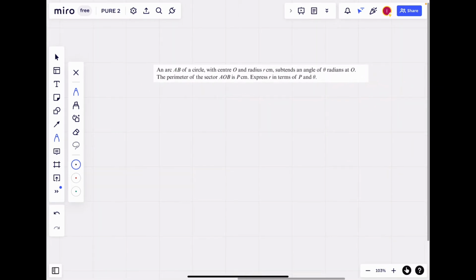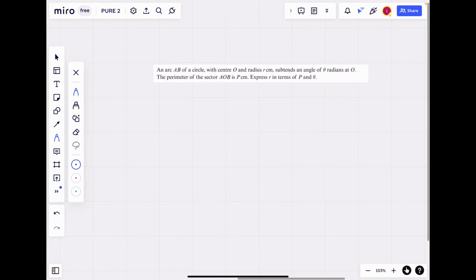An arc AB of a circle with center O and radius R subtends an angle of theta radians at O. The perimeter of the sector AOB is P. Express R in terms of P and theta. If you feel like you can do this, give it a shot. Try it now, see what happens.